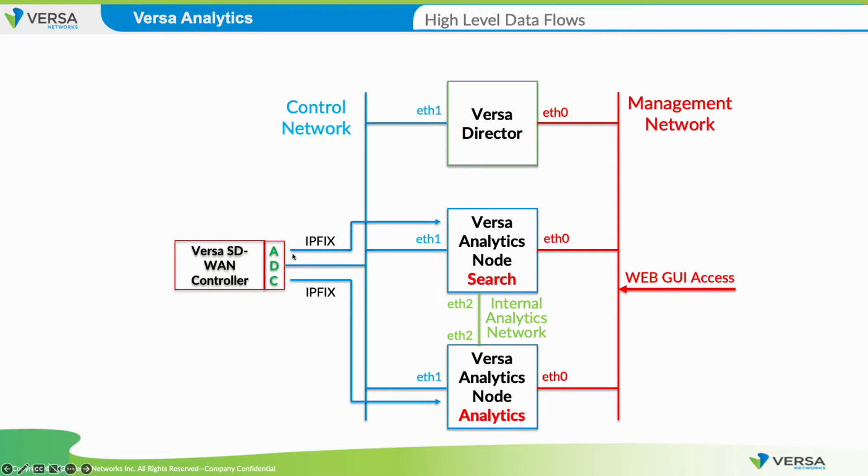First, we have the IPFIX flows, which are coming from the load balancer to the analytics nodes. We have an internal network between analytics nodes, which is used by the driver to synchronize data between the nodes. If we have nodes of the same type, for example two analytics nodes or two search nodes, the data can be replicated so that you have redundancy between your nodes.